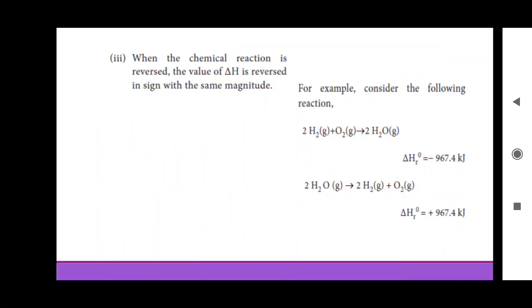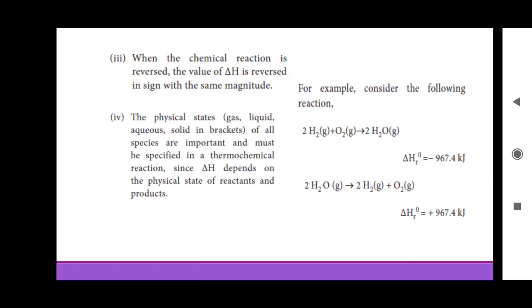So when we write the reaction in reverse, the delta H sign will change. Here negative, here positive. So any thermochemical equation, the reverse reaction also we can write. But you should remember one thing, the delta H sign also has to be changed.